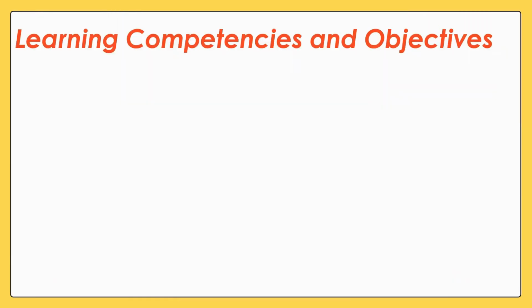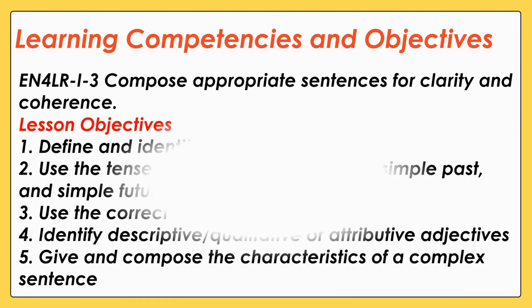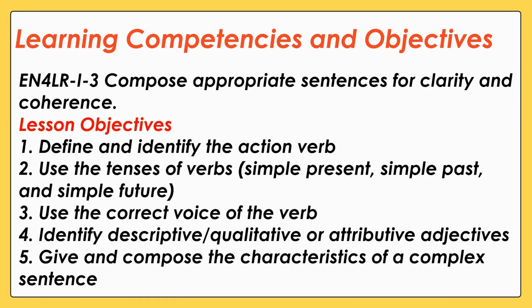For our learning competency, compose appropriate sentences for clarity and coherence. Lesson objectives. First, define and identify the action verb. Second, use the tenses of verbs: simple present, simple past, and simple future.